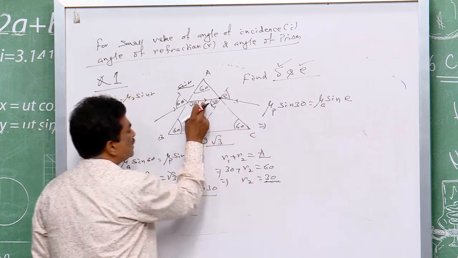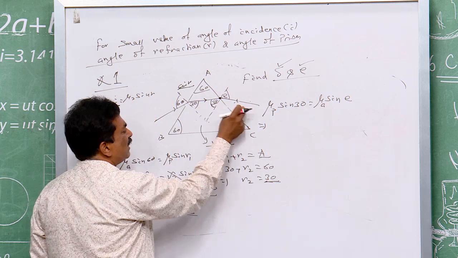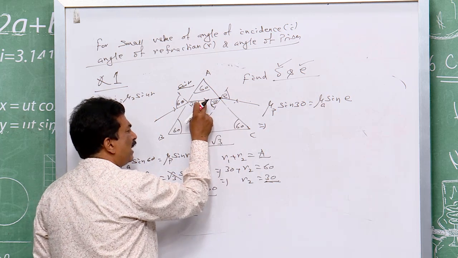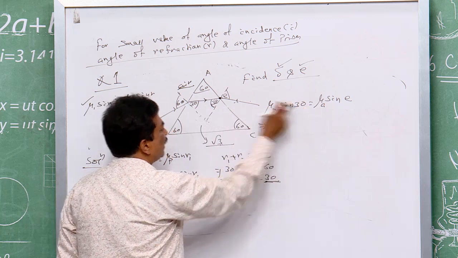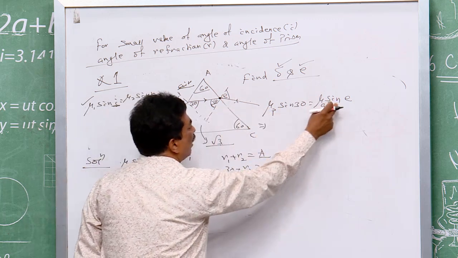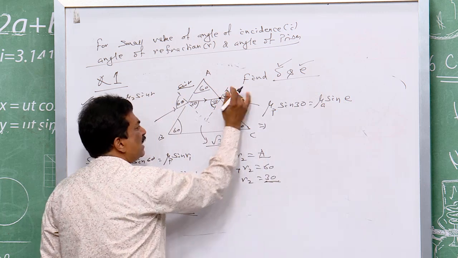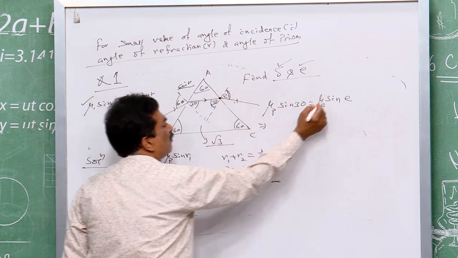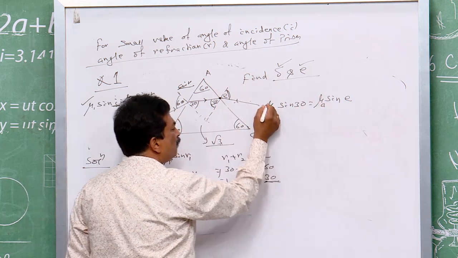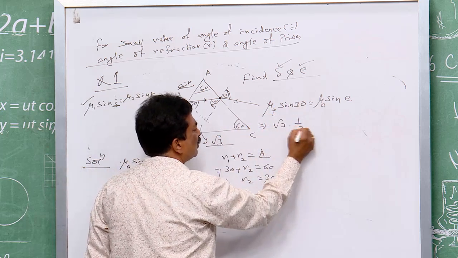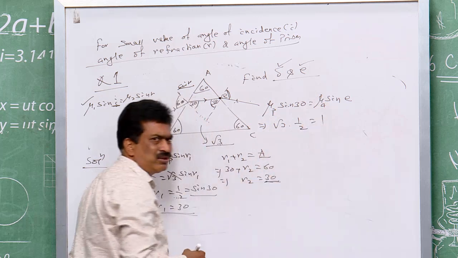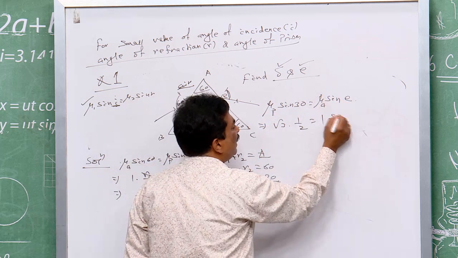This is Snell's law, with the incident and refracted sides. The refractive index of the prism is √3, sin 30 is 1 by 2, μ of air is 1, and sin e.